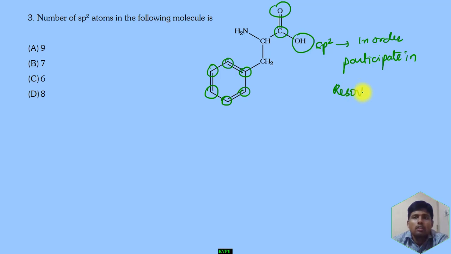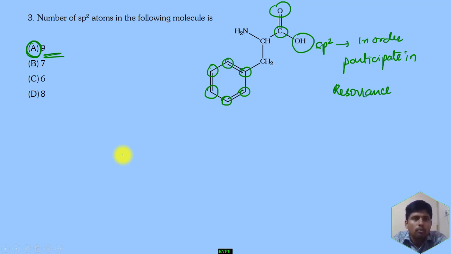This is very important because if that is not sp2 hybrid, then the lone pairs cannot participate in resonance. That's a very interesting part here. So it's total 9 sp2 atoms. So it's option A. Let us move on to next question.